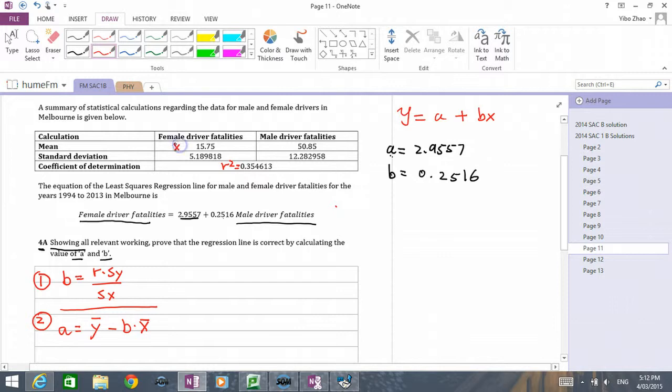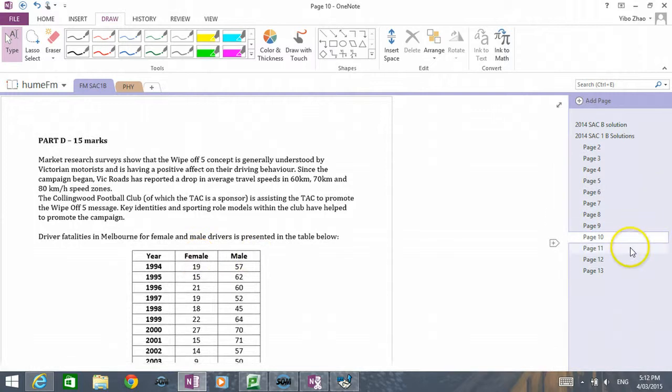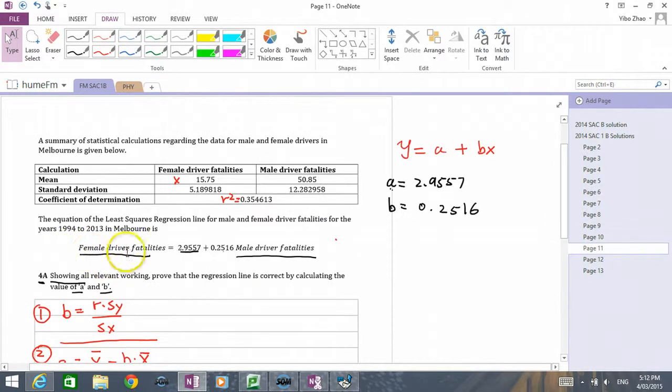This is my female. We need to go back and look at my data. I have female and male. Looking at the equation, female is the dependent variable, so female will be y. So according to this equation, this is my mean of y, this is the mean of x, this is the standard deviation of y, and this is the standard deviation of x.